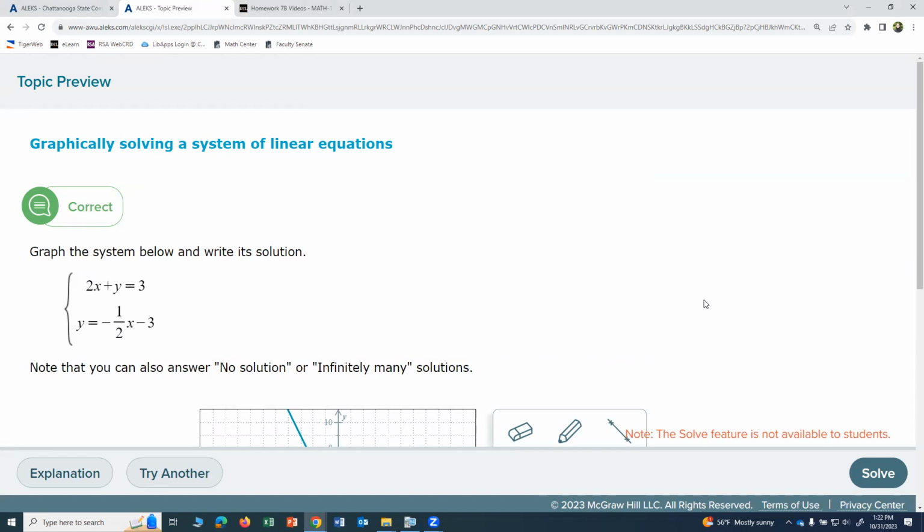And if they end up being the same line when you get them in the y equals mx plus b form, then there's infinitely many solutions. To graph, it's easiest to put it into the y equals mx plus b form, and then use your y-intercept first, and then your slope of rise over run to get a second point.